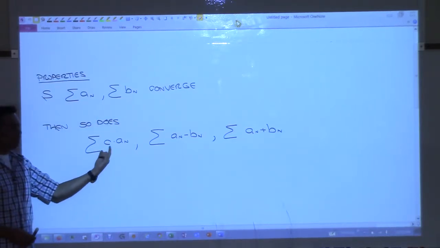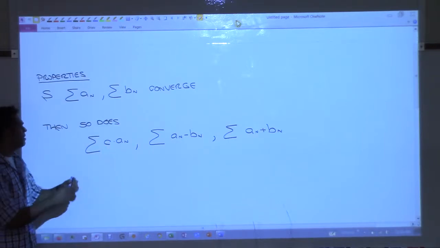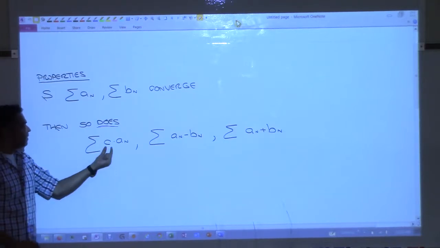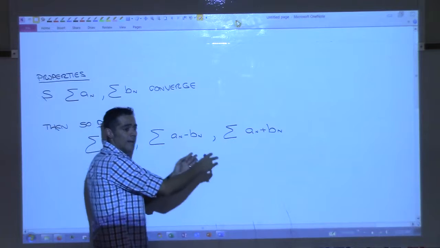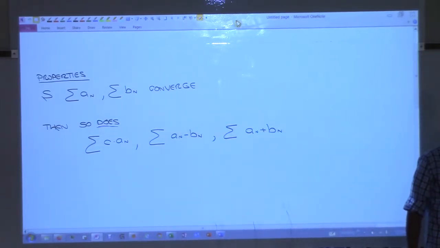First of all, if you multiply this convergent series by a constant, it still converges. So if you take two convergent series and add them or subtract them, you still have a convergent series. That behaves the way you think it would.